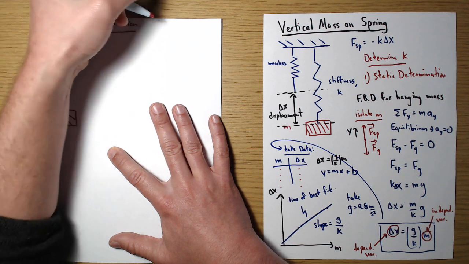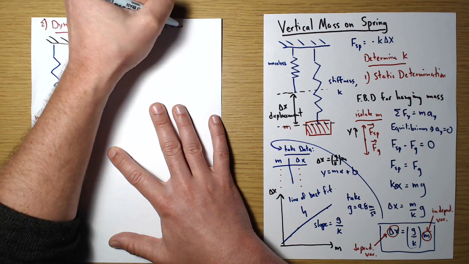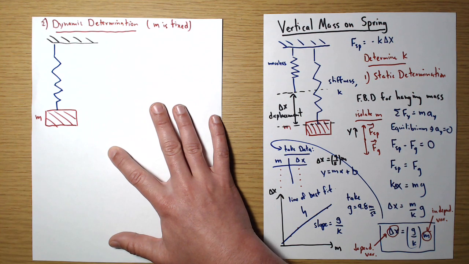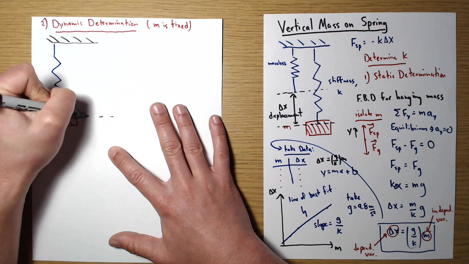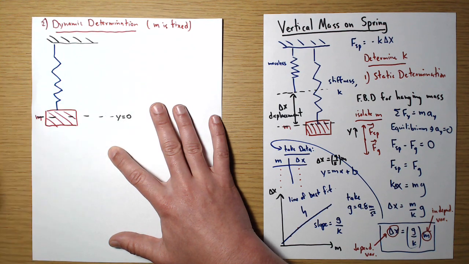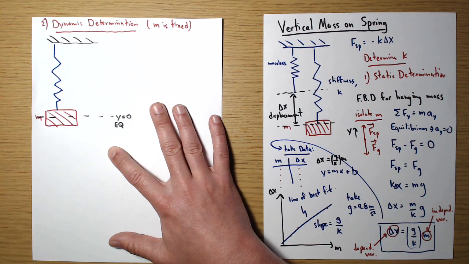For this case, M is fixed. Given that it stretches a certain distance, I'm going to call this y equals 0. This is really my equilibrium, my line of equilibrium. This is where the system tends to settle around.